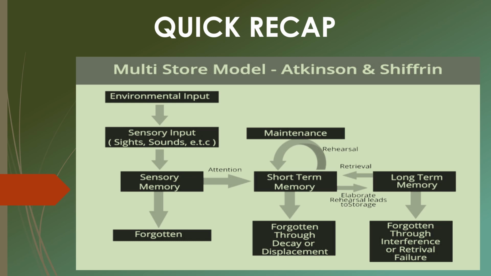If the information is rehearsed sufficiently or deemed important, it may then be transferred to the long-term memory. There it is stored for an extended period of time and sometimes for a lifetime. It is important to note that the theory has been revised and refined over the years. Newer models of memory have been proposed to better explain the complex nature of memory processing. So this is all about the stage model of memory.